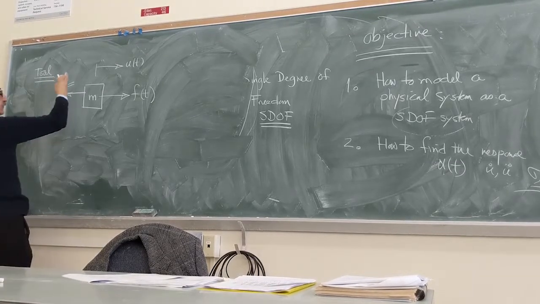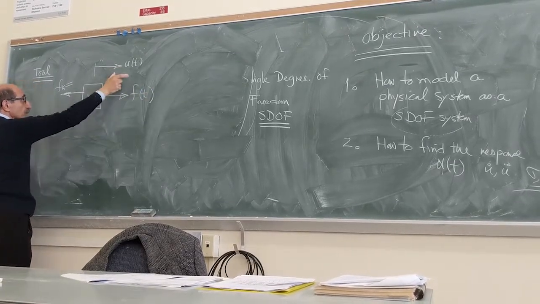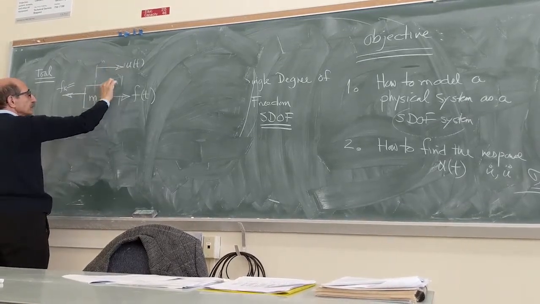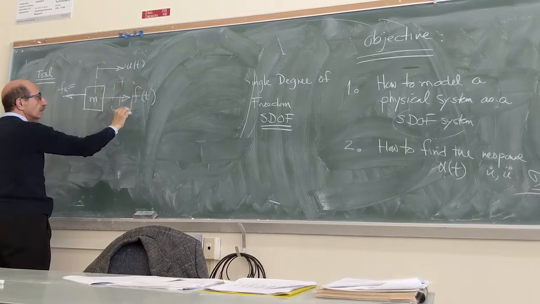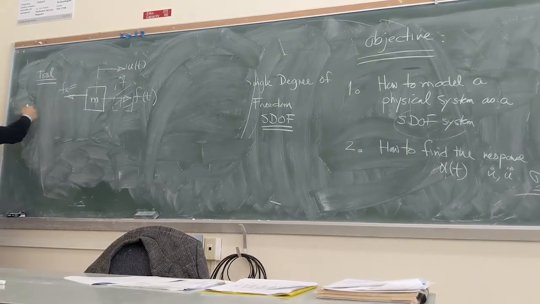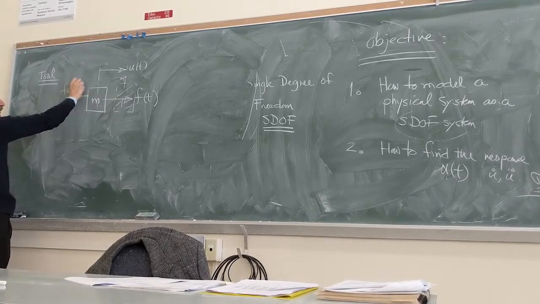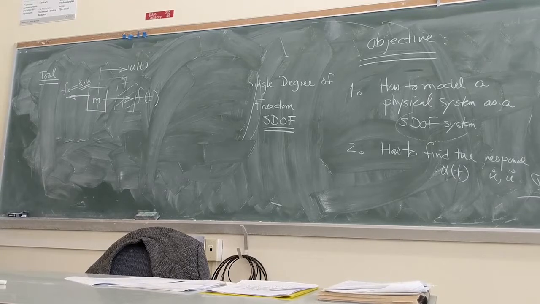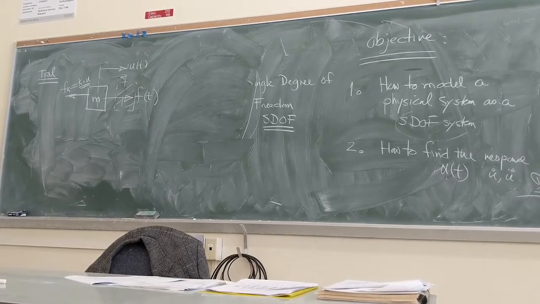So as this goes through a displacement of u, in other words, this mass goes from here to here, this spring is going to be stretched the same amount, so a force of k times u is generated, which is resisting that mass, right?